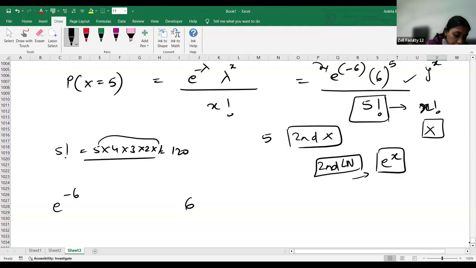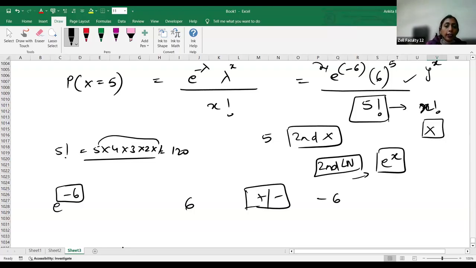Now there is a plus minus key on your calculator in the last row near your equal to sign. Press the plus minus key. As soon as you press it, you will see minus 6, because we want minus 6 here. So our x is minus 6.